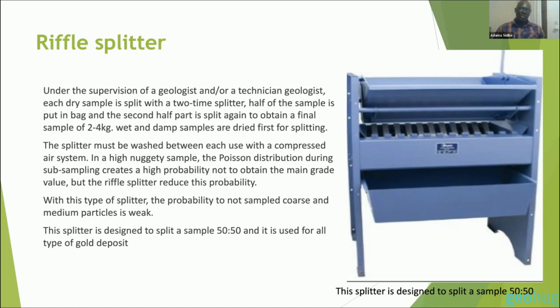After maybe 100 or 200 splittings, the geologist must check the weight of duplicate and normal samples to be sure that the splitting is correct or not. I generally advise this type of splitter. It is the best splitter for all types of deposit, even coarse to medium, fine to very fine.